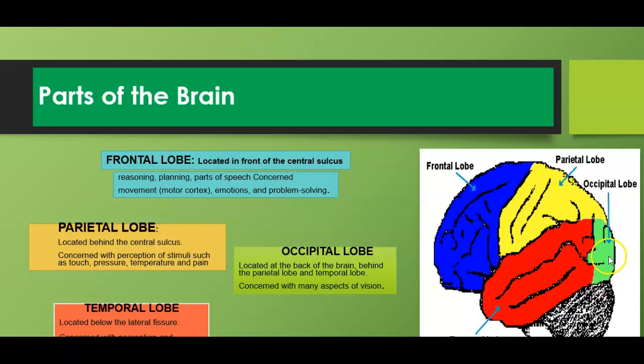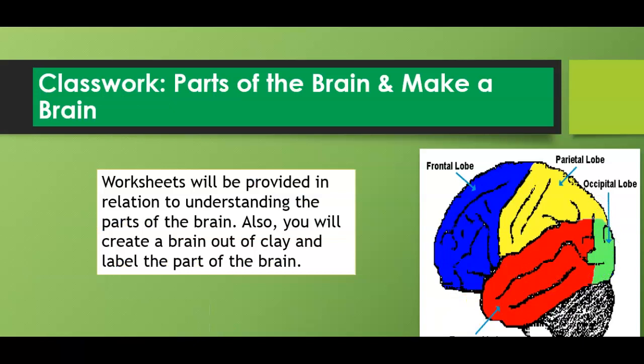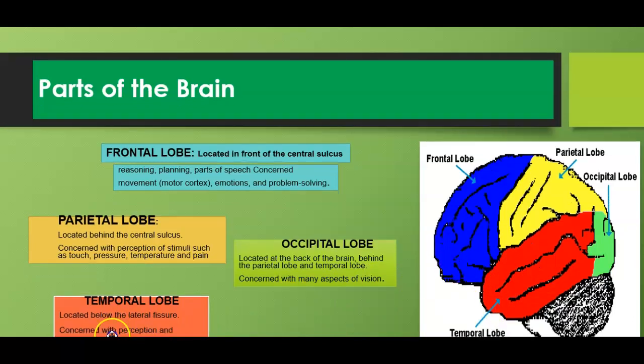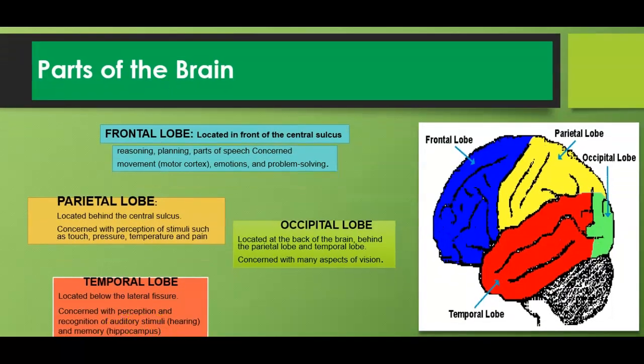But yes, this is the part of the brain that controls our vision. And then lastly is the temporal lobe. This is auditory, our hearing. It has to do with our hearing and our memory.